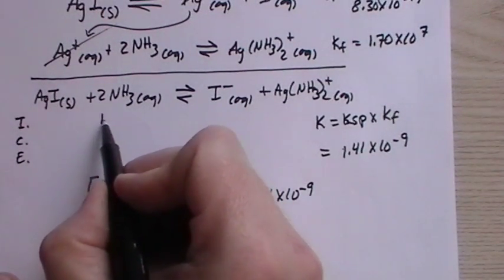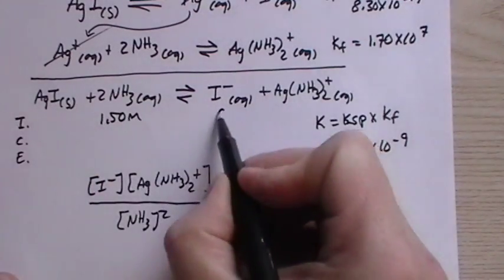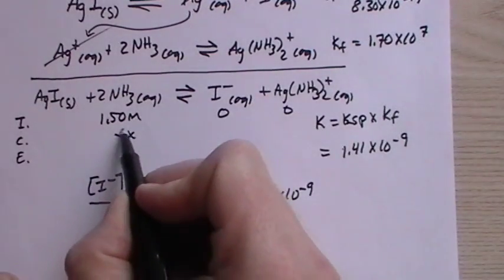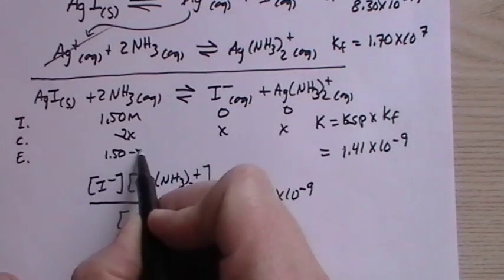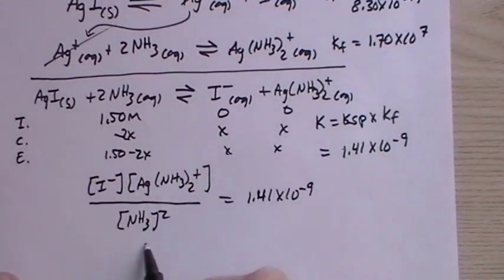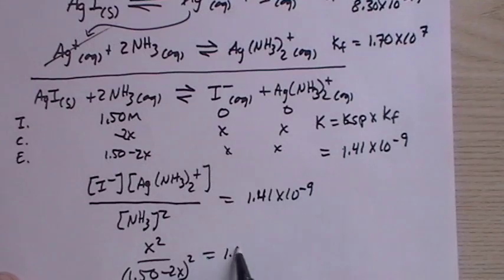And then you see that we have, this is nothing here. This is going to be 1.5 molar, 0, 0, minus 2x, plus x, plus x. So we put x squared over 1.50 minus 2x squared is equal to 1.41 times 10 to the minus 9.